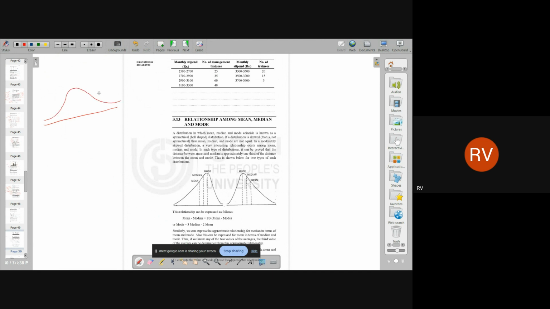This data is called normal data. Skewness means asymmetry. This is the normal, symmetric data.